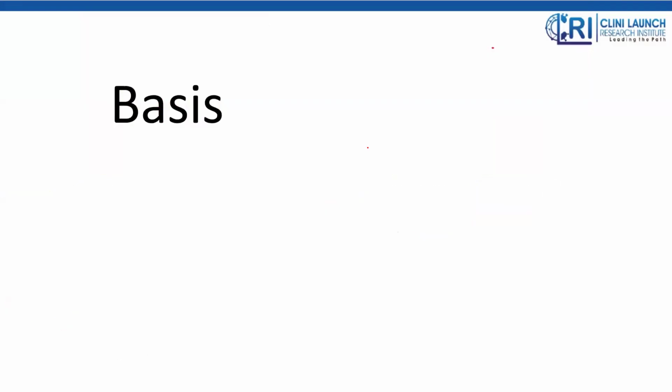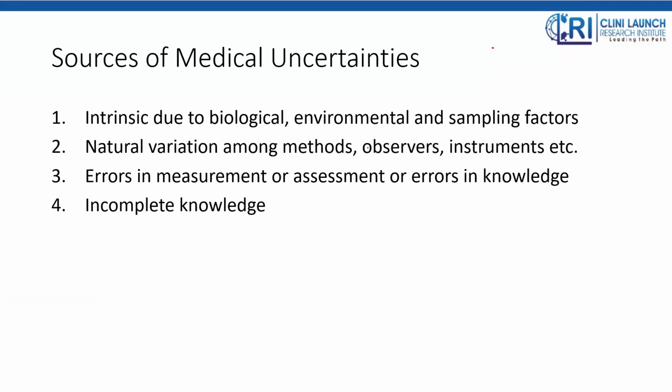Now, as Dr. Kaushik was also telling, there is a lot of variation in age and gender. Let us understand how these factors are important and why we are using statistics, because there is a lot of variation in data. There are so many medical uncertainties in any research, like intrinsic factors due to biological, environmental, and sampling factors. We'll understand this. Each of these we will learn now.